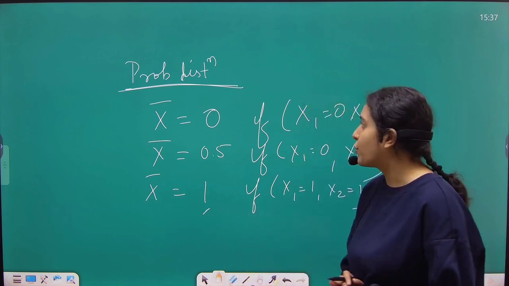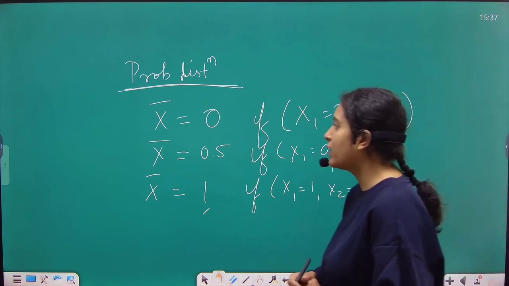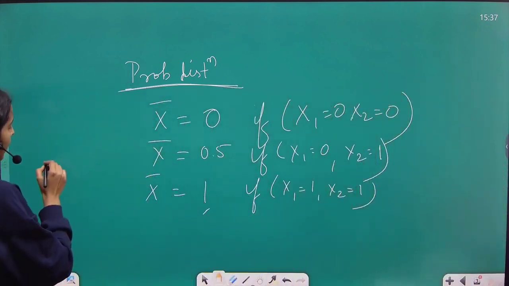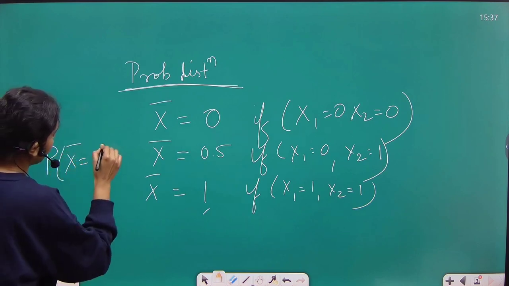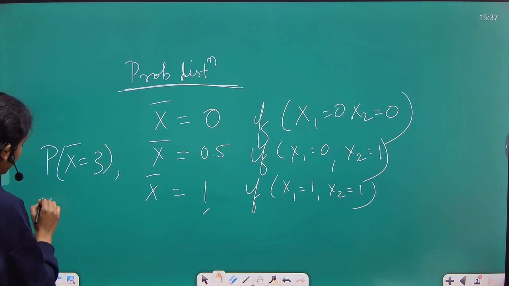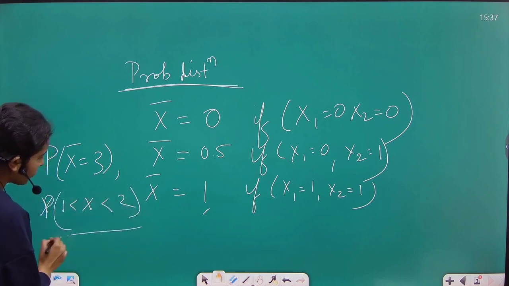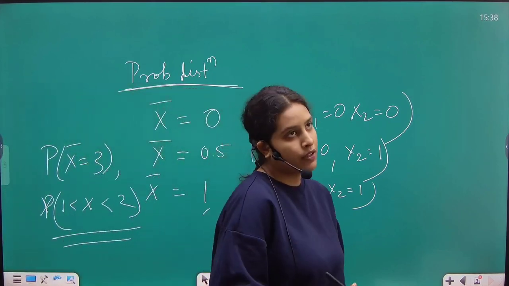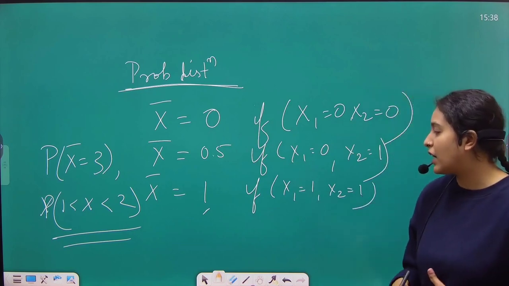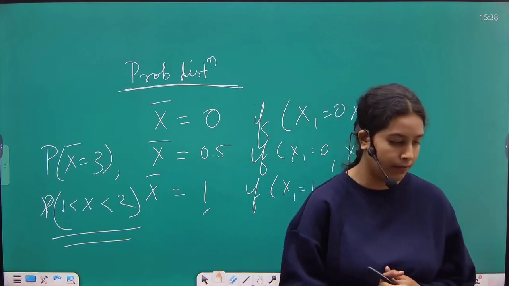So there is a probability involved in this, and with this probability distribution, we can calculate other samples across it, like what is the probability of x being 3, or what is the probability that x lies between 2 and 1. So probability distribution tells us how our statistics is ranging across the whole sample.